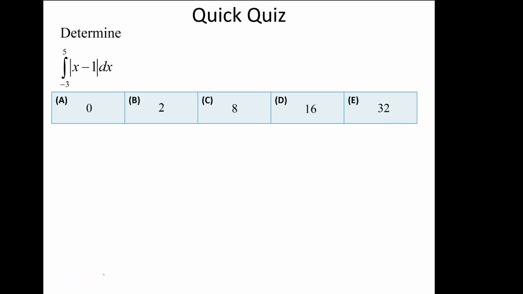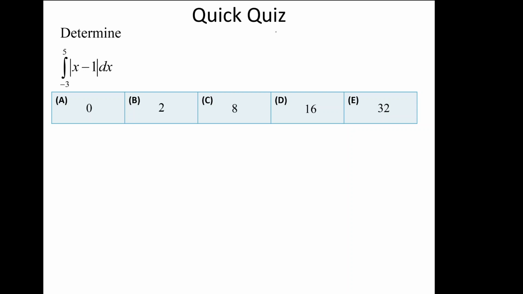Hopefully you paused for quite a long time, worked through it, and maybe you screwed it up. Maybe you didn't split up the piecewise function properly, or didn't treat the absolute value function properly. That would be the common mistake to make based on the last one, because this is not absolute value of x, it's not absolute value of 2x, or absolute value of 3x, or 3x cubed, or anything like that. It's absolute value of x minus 1.